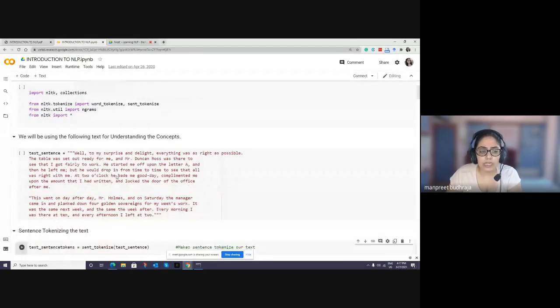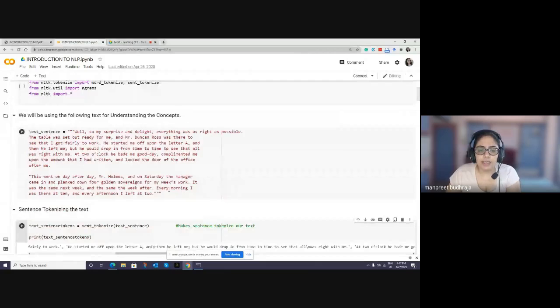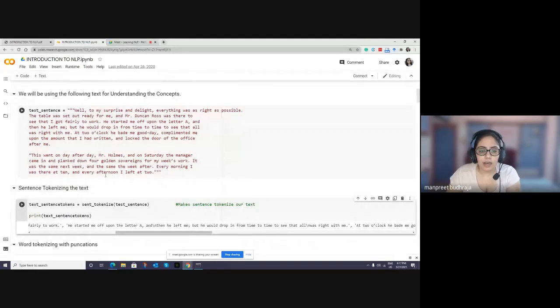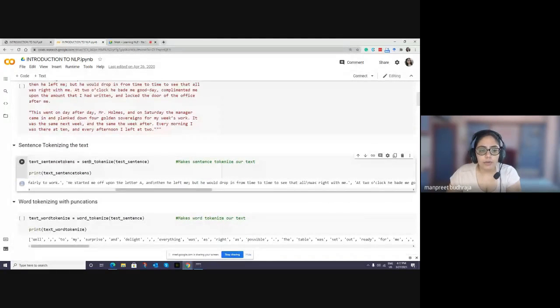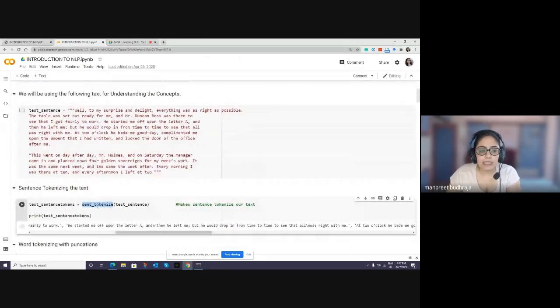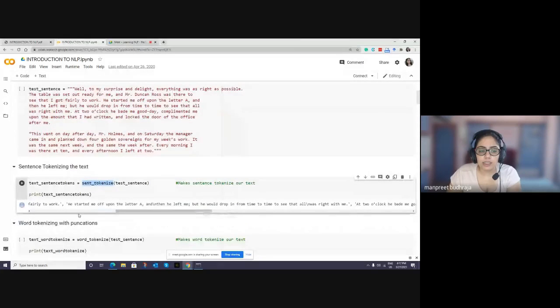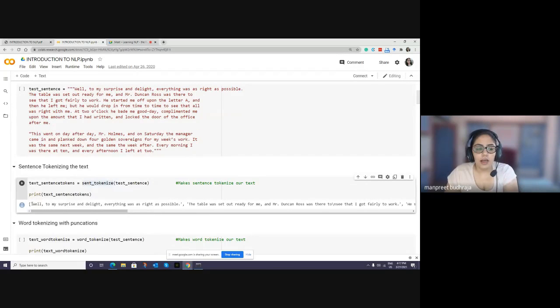And we have a test sentence over here: "Well, to my surprise and delight, everything was right as possible till afternoon I left at 2." Now we use a sentence tokenizer. What the sentence tokenizer basically does is divide your sentence into tokens. So this is one token.